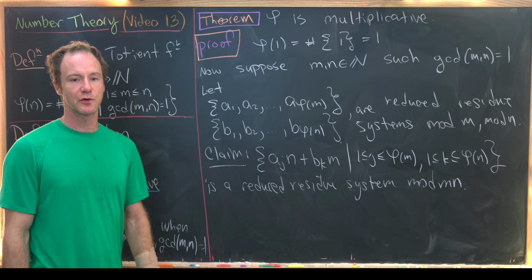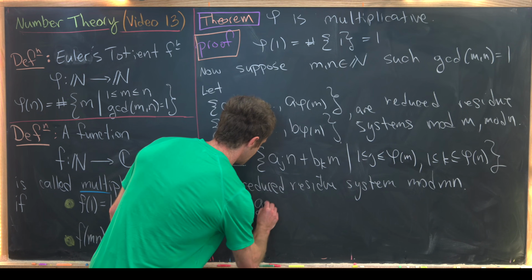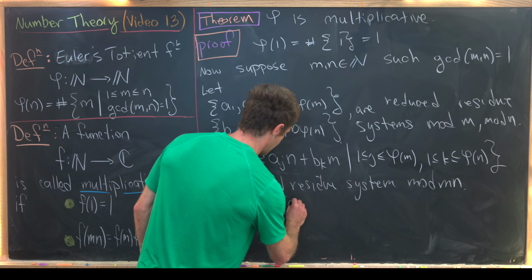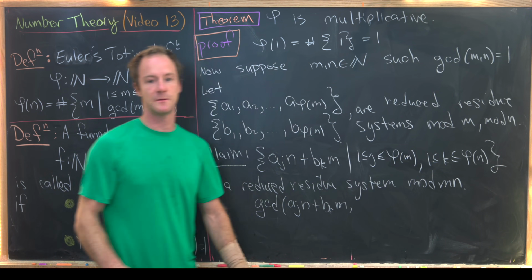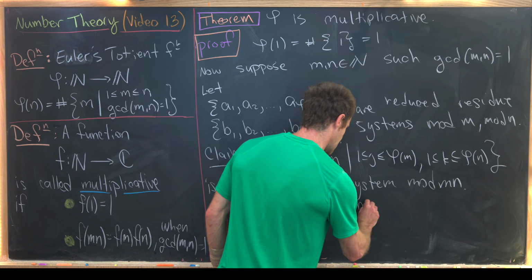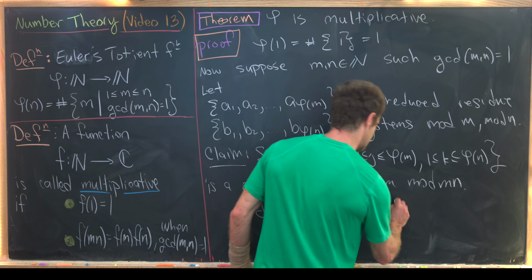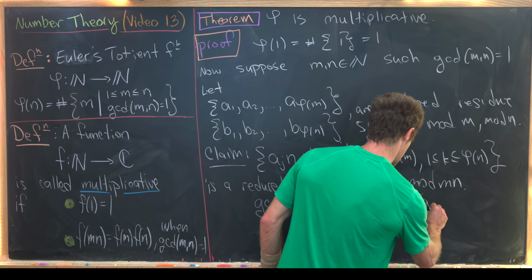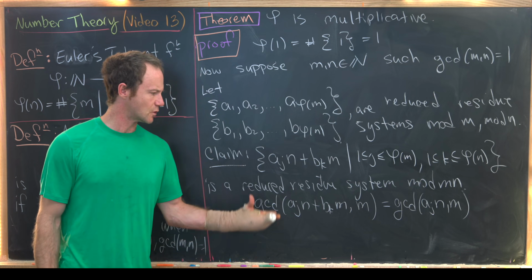Okay, so we'll start the proof of this claim with a couple of observations. So first off, the GCD of AJN plus BKM with the number m is the same thing as the GCD of AJN with m. So why is that?